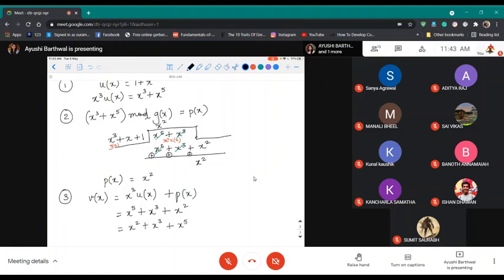So our code word would be, the constant term, there is no constant term, 0. The coefficient of x is 0, then x square 1, coefficient of x cube is 1, coefficient of x4 is 0, and coefficient of x5.